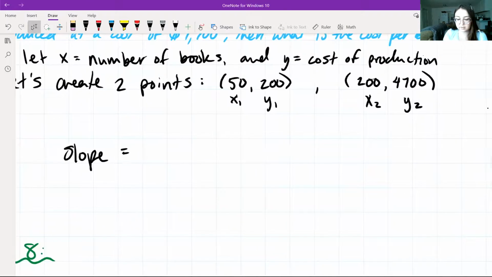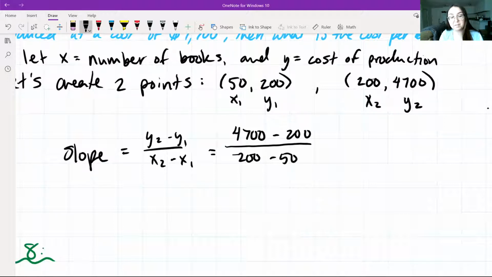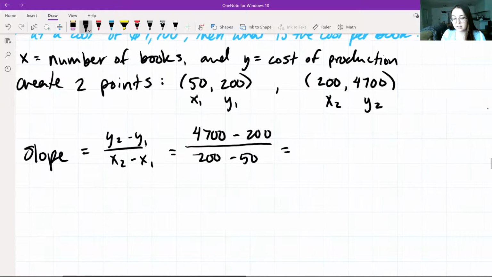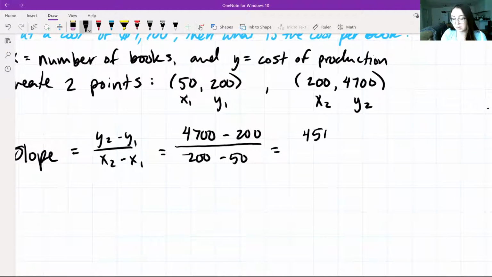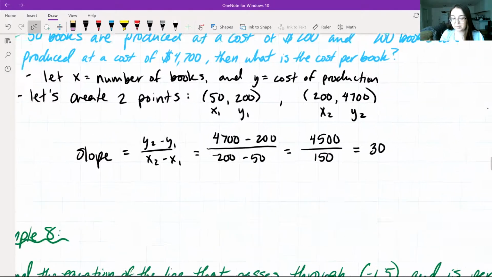So we're going to have y2 minus y1 divided by x2 minus x1. So we're going to have 4,700 minus 200 divided by 200 minus 50. And that is going to give us 4,500 divided by 150. Now we can divide these evenly, and that gives us 30.